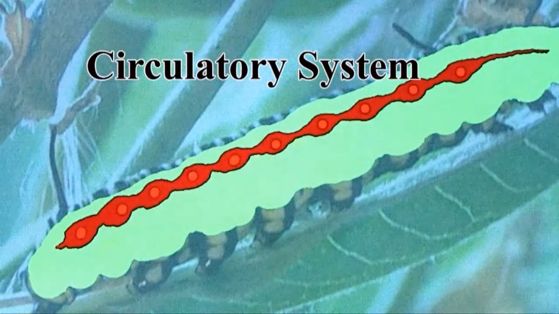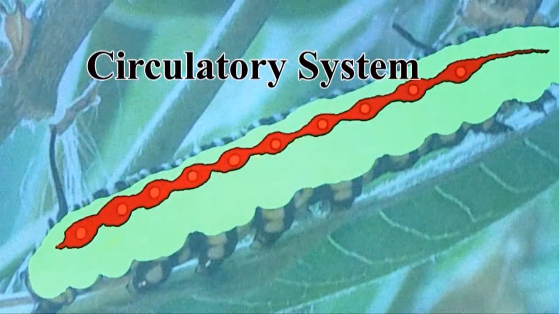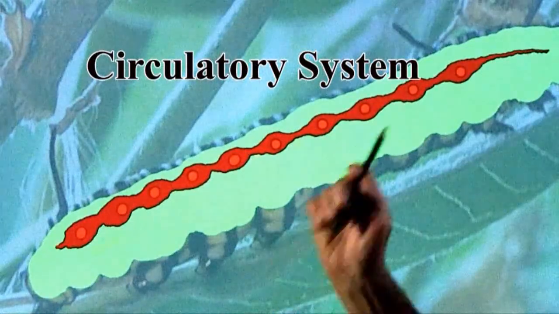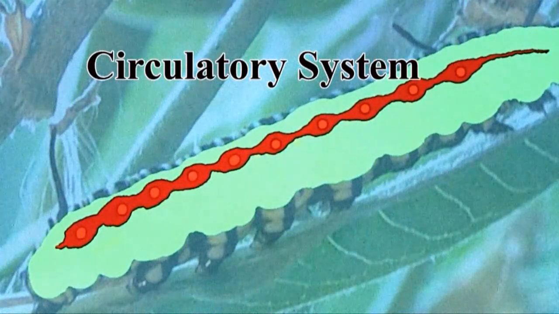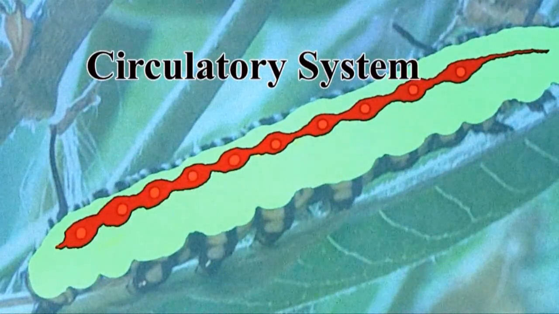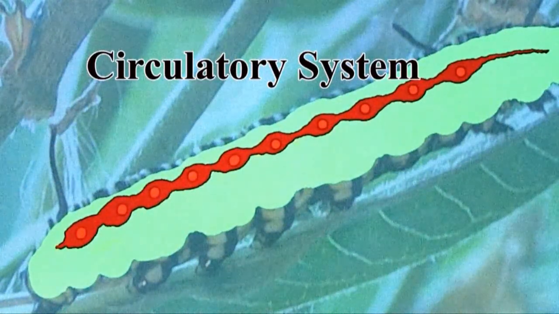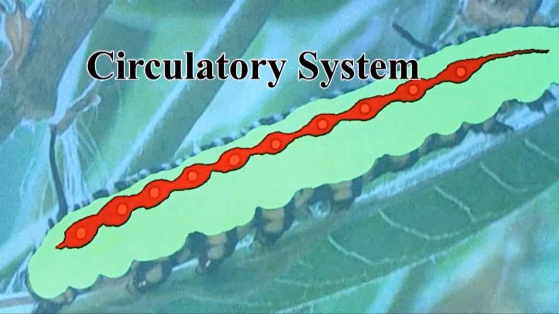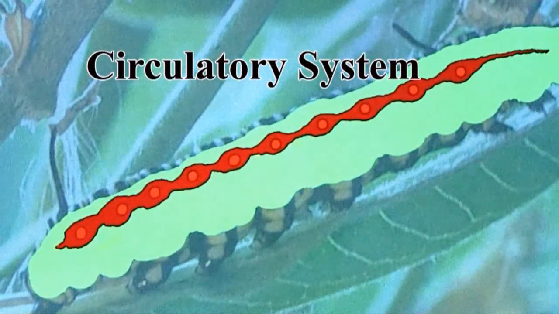This is the Monarch caterpillar circulatory system, in red. Red is misleading because red denotes oxygen in the bloodstream. There's no oxygen in Monarch caterpillar blood.